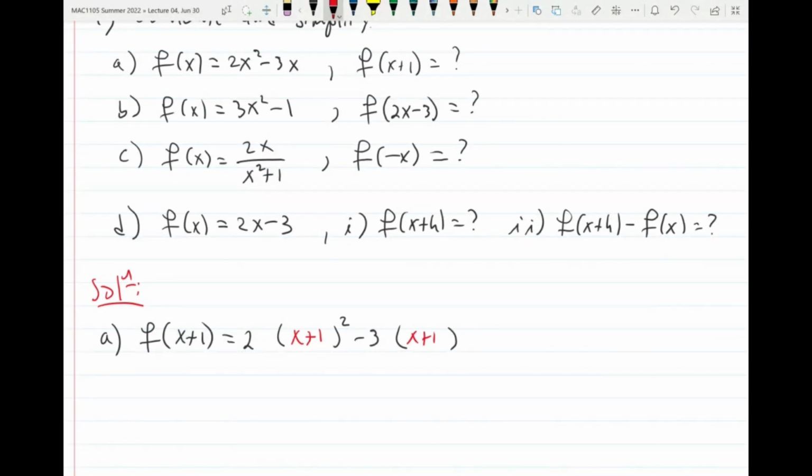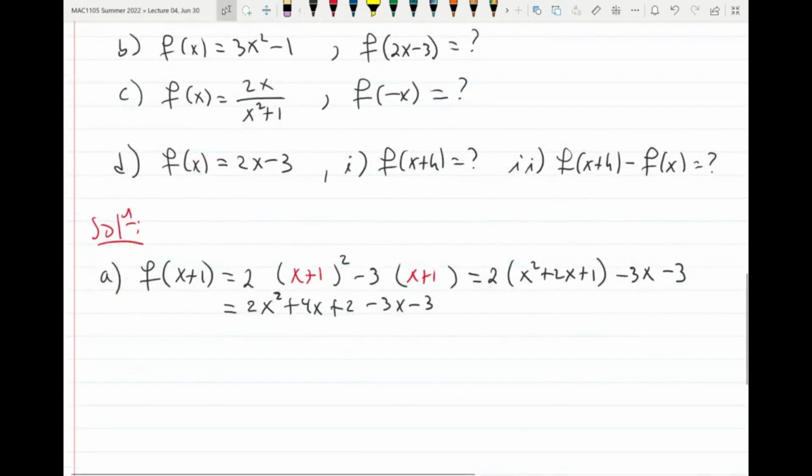Now, our job is to simplify. The rest is just algebra. Well, all of this is algebra. So x squared plus 2x plus 1, that's a binomial. And then minus 3x minus 3. So you get 2x squared plus 4x plus 2 minus 3x minus 3. So f of x plus 1 is going to be 2x squared plus x minus 1.